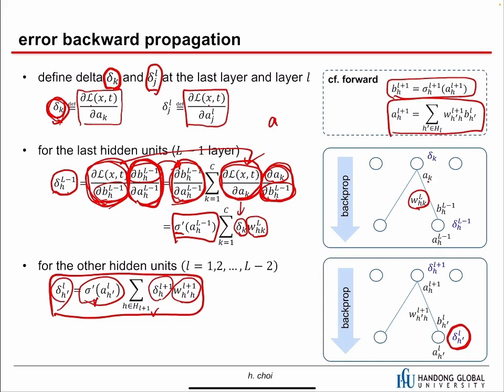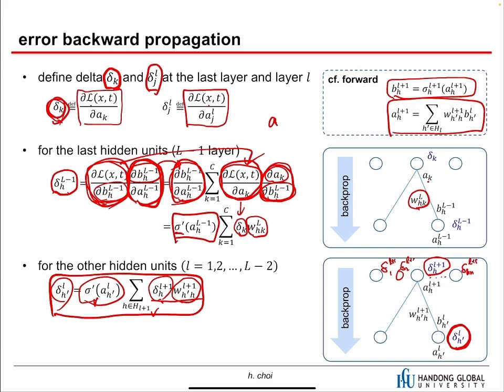Let's focus on this summation first. In these summations, we have delta h at L plus 1 times this weight. So we have delta 1, delta 2 at L plus 1, etc. Let's say we have hn nodes in this layer.